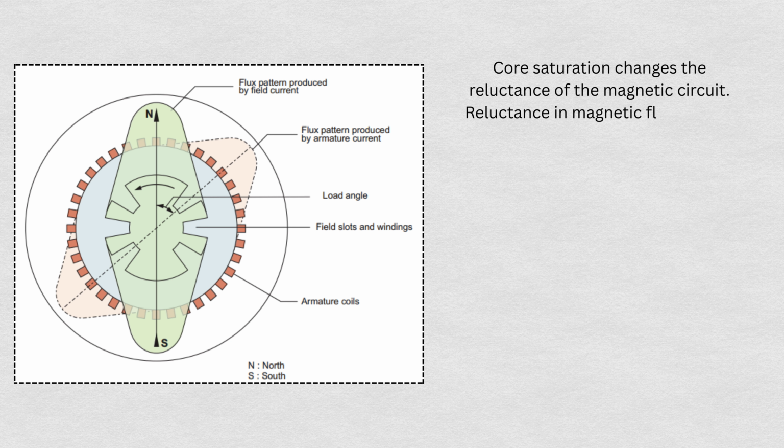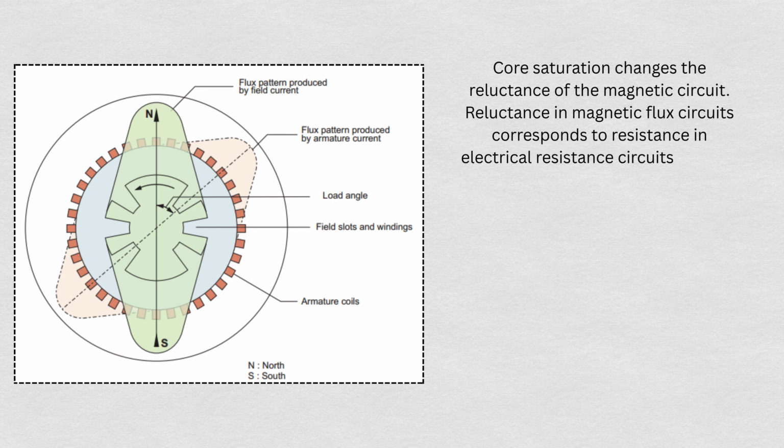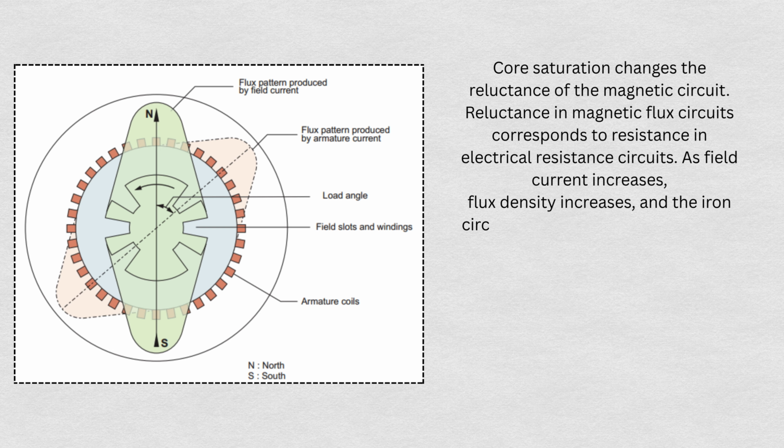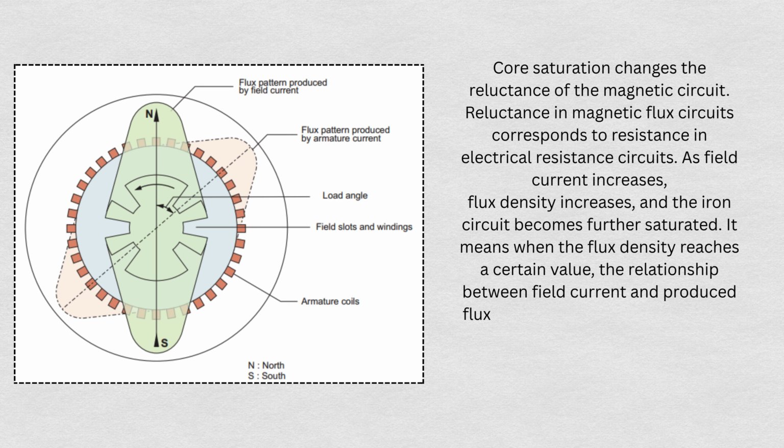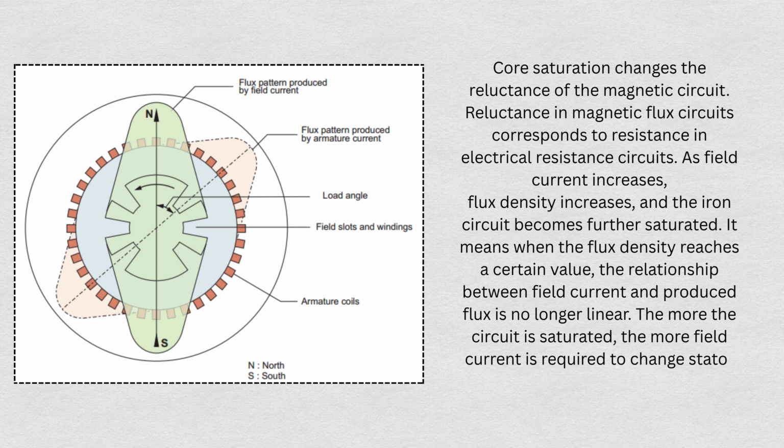Reluctance in magnetic flux circuits corresponds to resistance in electrical circuits. As field current increases, flux density increases, and the iron circuit becomes further saturated. It means when the flux density reaches a certain value, the relationship between field current and produced flux is no longer linear. The more the circuit is saturated, the more field current is required to change stator voltage.